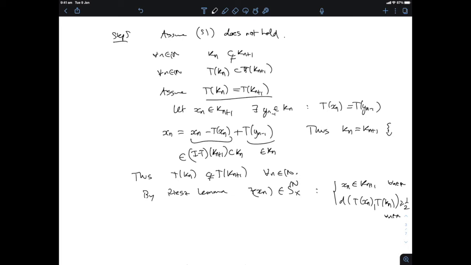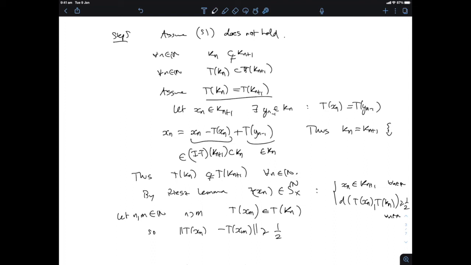Now, if you give me an n and an m with n greater than m, T of xm is going to be in T of Km+1, and that is certainly included in T of Kn. So T of xn minus T of xm is going to have to be greater than 1/2 for any n and m such that n is greater than m.